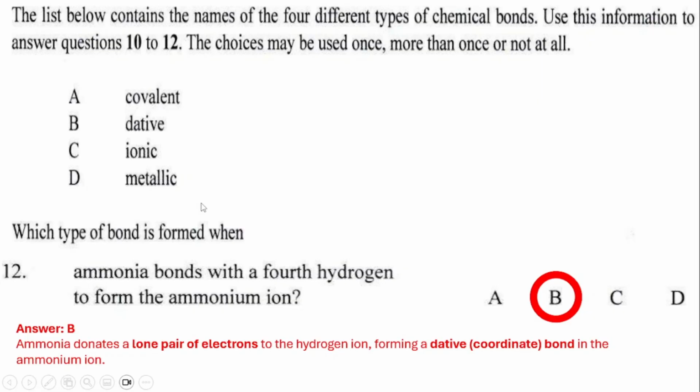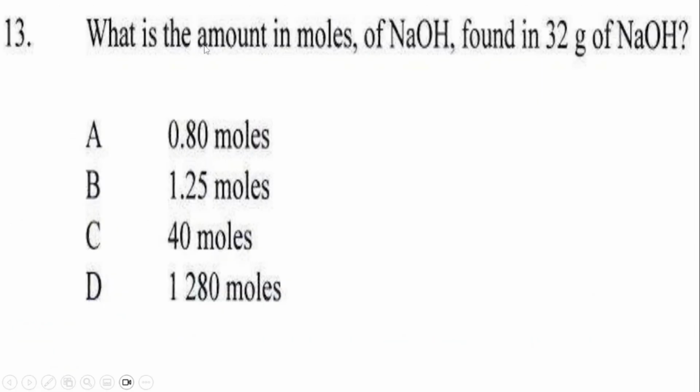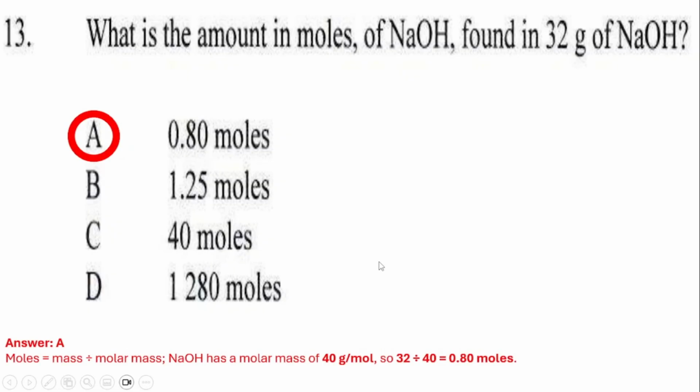Let's move on to question number 13, and it says, what is the amount in moles of NaOH found in 32 grams of NaOH? Is it 0.8 moles, 1.25 moles, 40 moles, or 1,280 moles? Well, here we're going to use the formula: moles is going to be mass divided by molar mass.